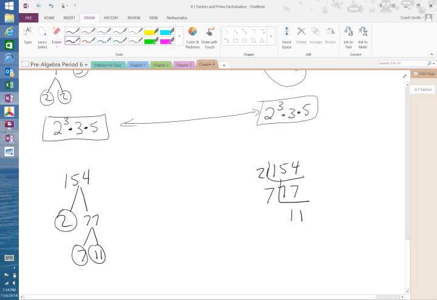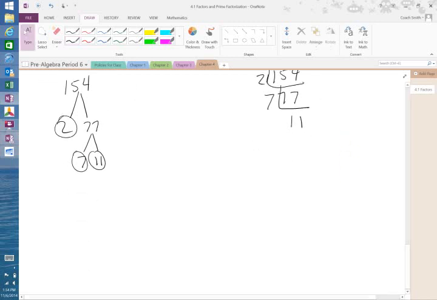I have one class of 7th grade that pretty much uses only inverted division, and I have another class of 7th grade that pretty much uses only factor tree. It's just the way your mind thinks. There's an easier way if your mind thinks that way. So the prime factorization of this was 2 times 7 times 11.